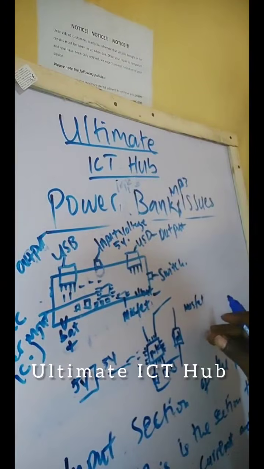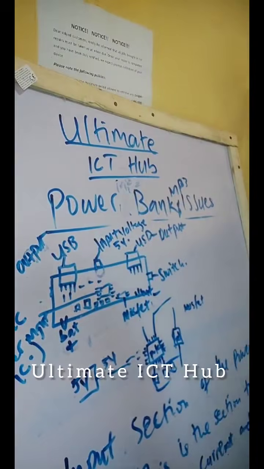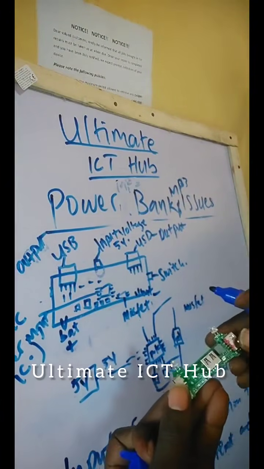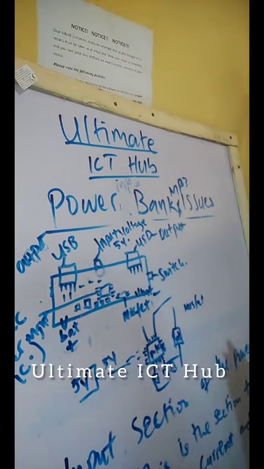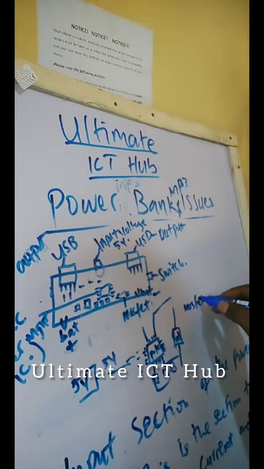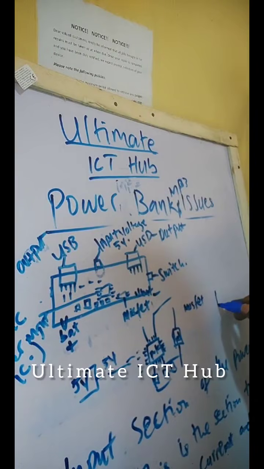Then around it sometimes we have some of this tiny diode also, but majorly it's not common on power banks. Diode is not common on power banks. So from there we're now moving to output.